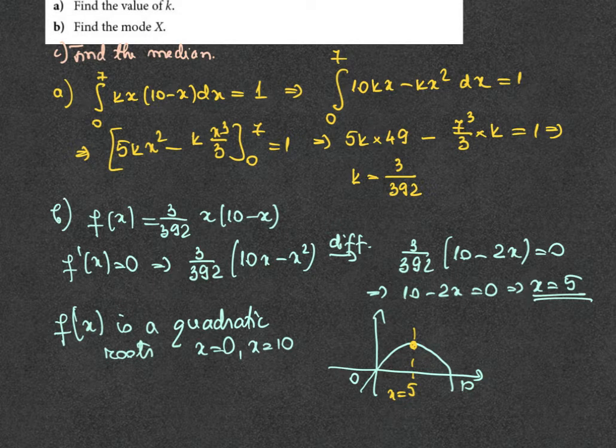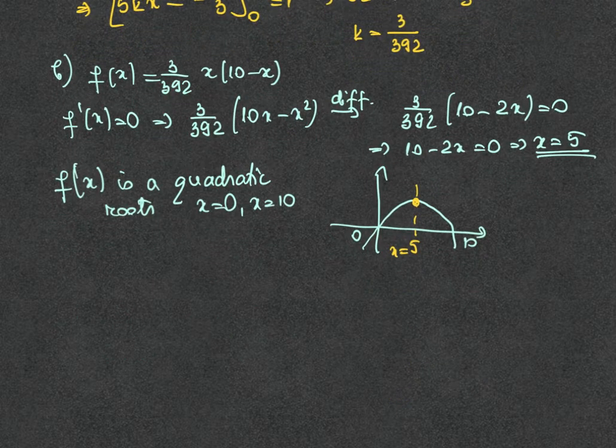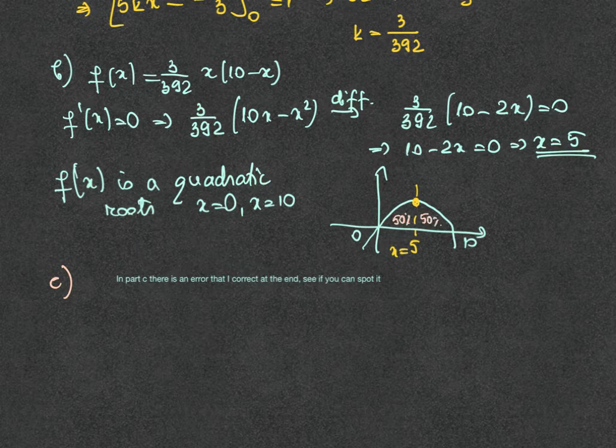Look at the median. For the median, I can do the same two methods. If I know the graph and I know that the parabola is symmetric, here I have 50% of the data, here I have 50% of the data. So the median is the same as the mode and is 5. It's not always the same. Assuming I don't know this method, I will need to solve the equation.